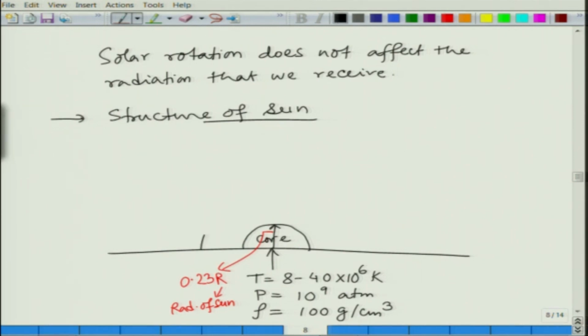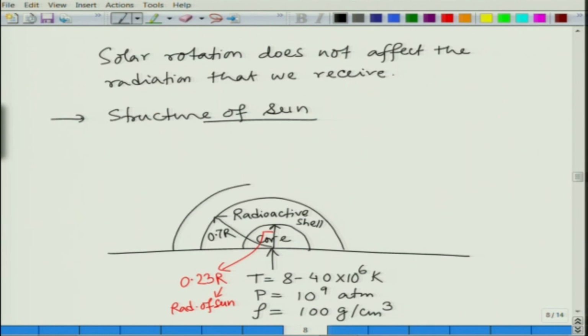interesting stuff that is happening we call it radioactive shell. Okay. We call it radioactive shell. Okay. and that is about 0.7 R. So, up to 70%, from 23% to 70% we call radioactive shell.